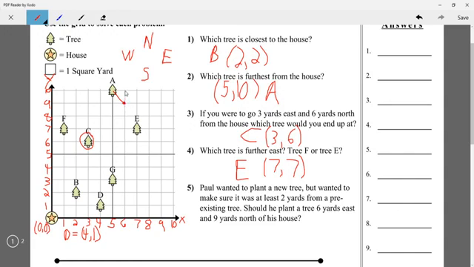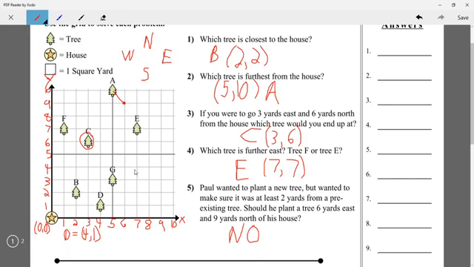Okay, so that means that should he plant a tree 6 yards east and 9 yards north of his house? Absolutely not. That would be too close to a tree.